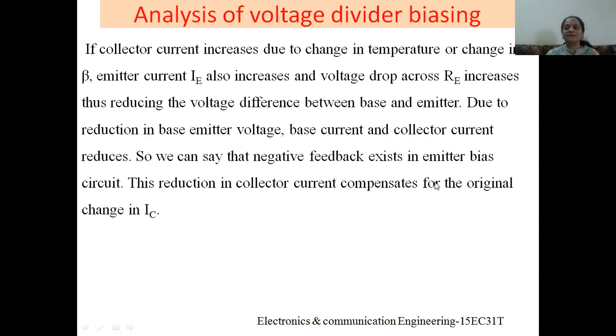Negative feedback means if collector current increases, base current decreases. It's called negative feedback. So this reduction in collector current compensates for the original change in IC. So there will not be any change in IC even though the temperature changes or the beta changes. That's why we go for the voltage divider method of biasing in an amplifier.